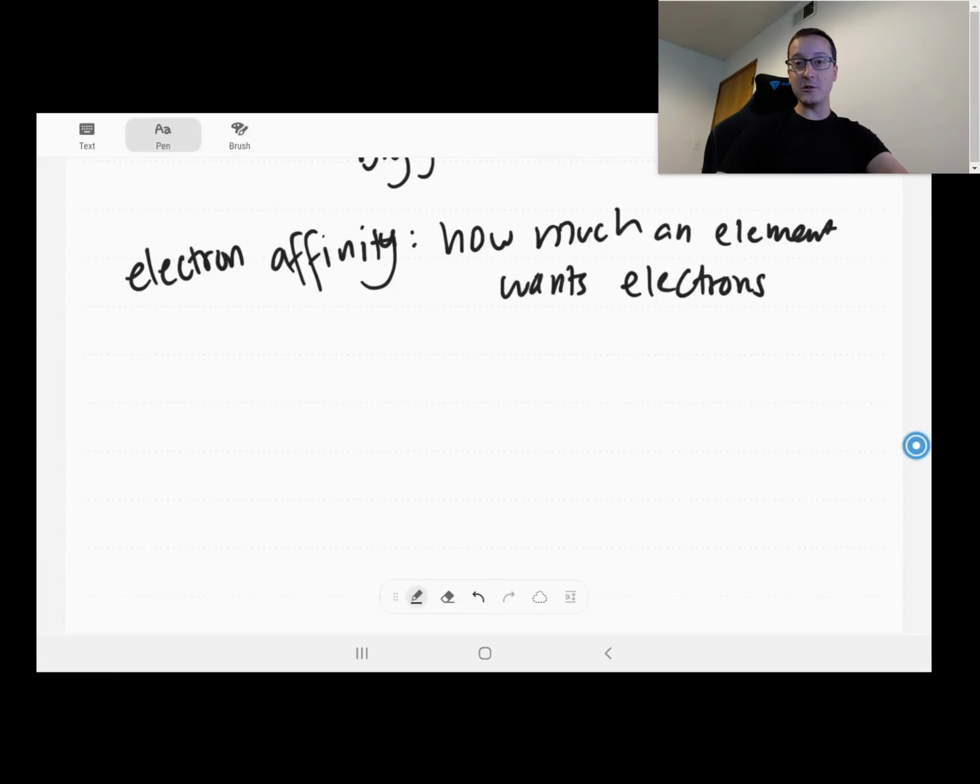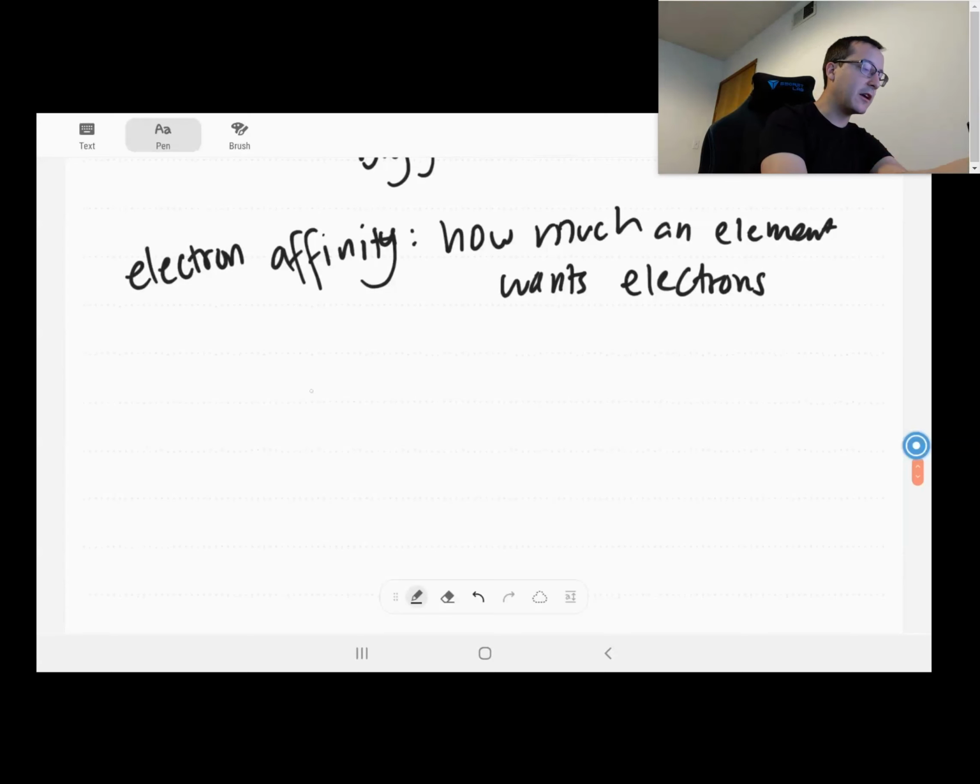I'm going to tell you, pro tip, everybody. Everybody wants to be a noble gas. All right. So this is just effective chemistry. All the elements want to be noble gases. We all do. We should all aspire to be nobility. Wouldn't that be nice?